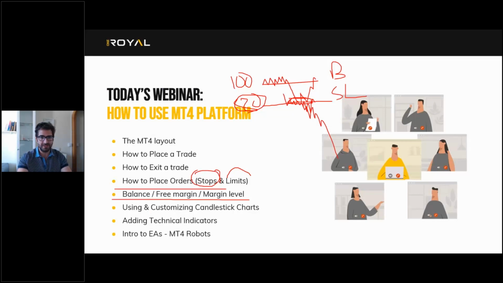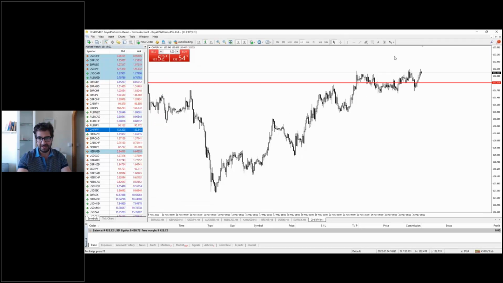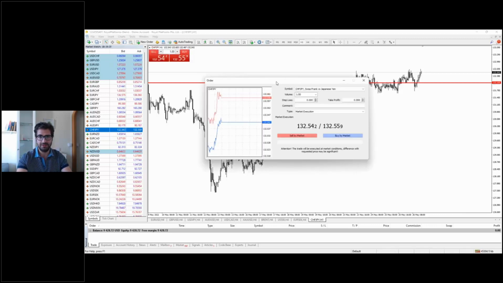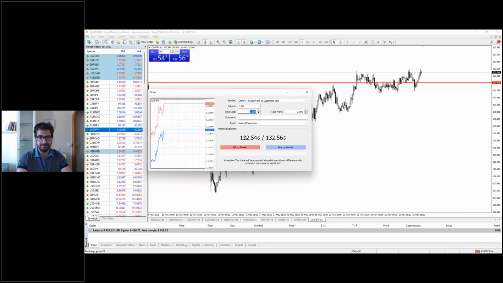How to apply this on MT4? It's easy. Similar example here. Let's say we are long on CHF JPY and we are considering that the market will go to the upside. However, we need to protect ourselves from losses. What we will do is use the stop loss. Where do you find the stop loss? You will find it here.